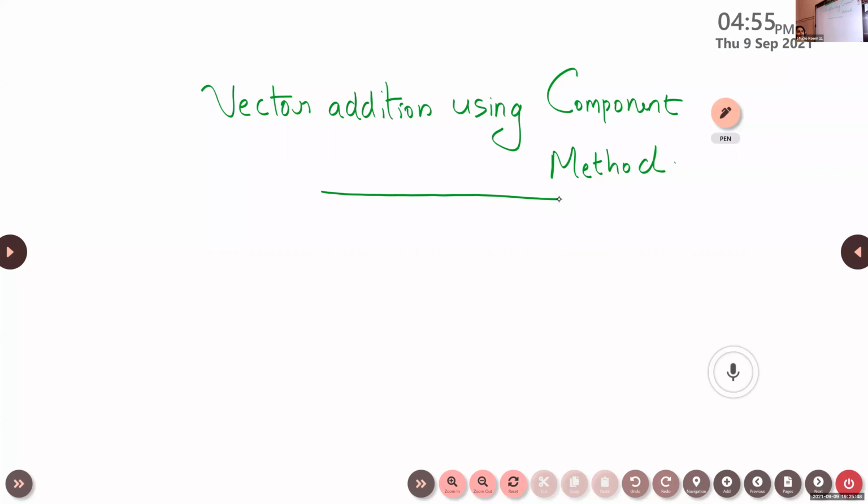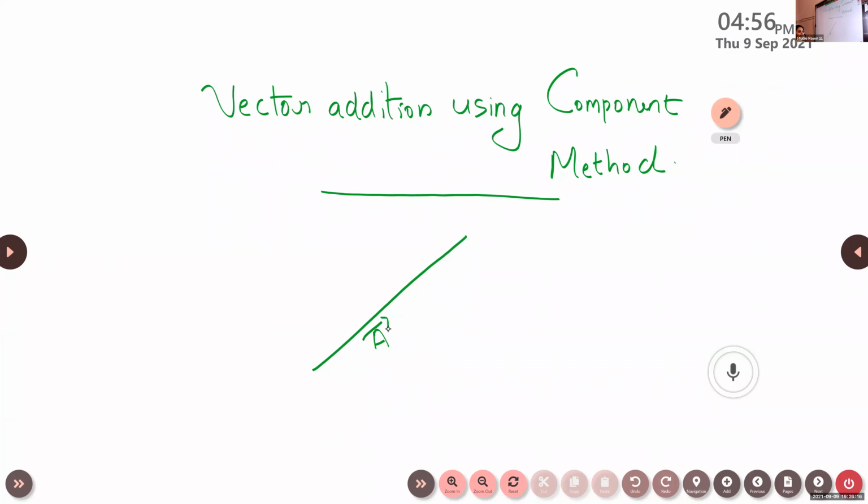In order to explain vector addition using the component method, here we consider a vector A with magnitude A, which is inclined at an angle theta.